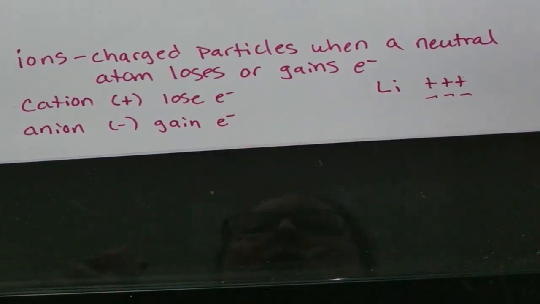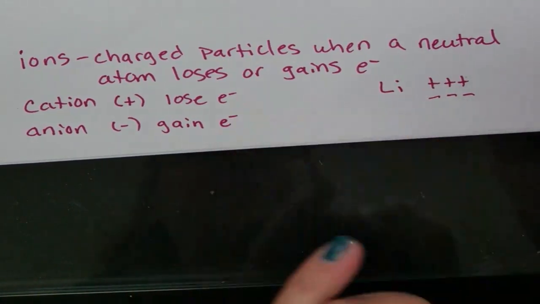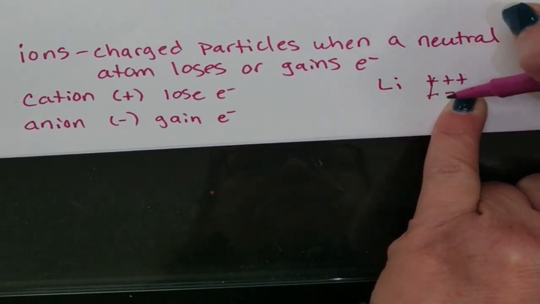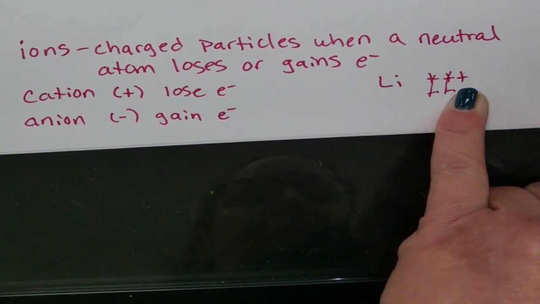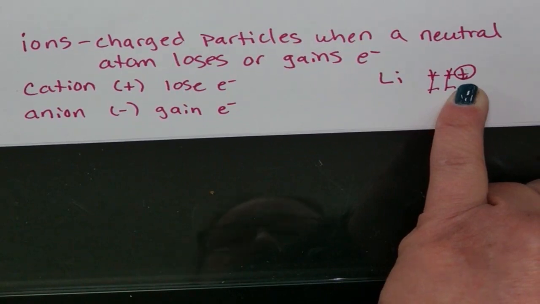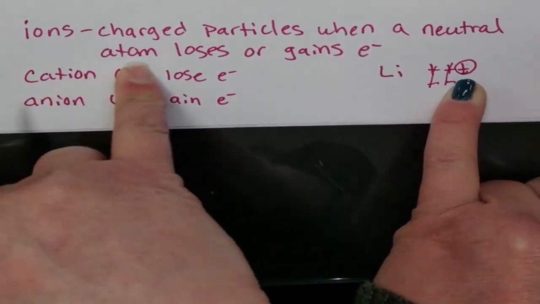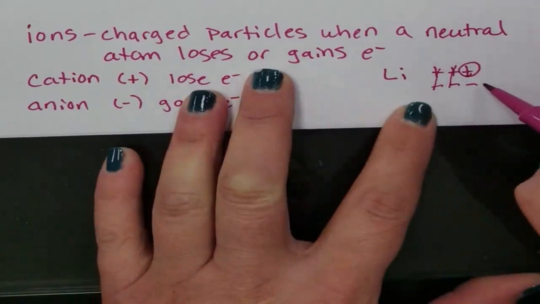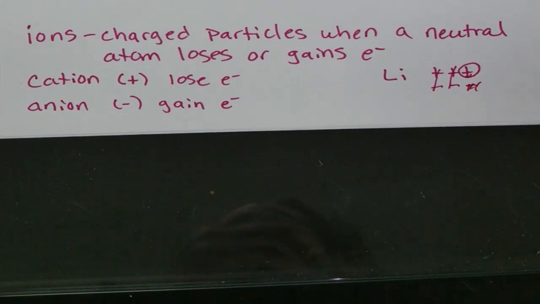Now, if lithium was to lose 1 electron, and we're going to learn how that happens in a minute, what is it left with? A single extra positive proton, which is why cations lose electrons and become a positive charge. That charge is coming from the excess protons in the nucleus that are no longer being canceled out in terms of charge by the electrons.